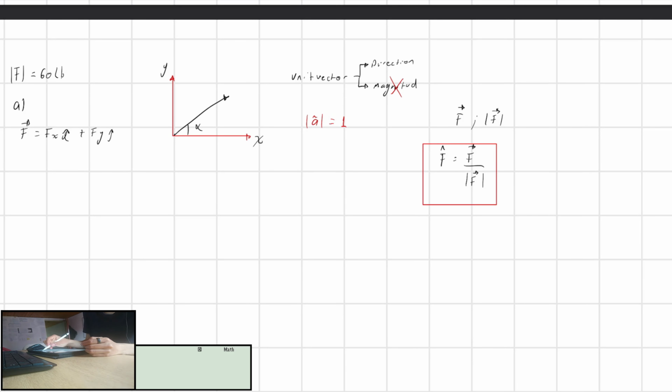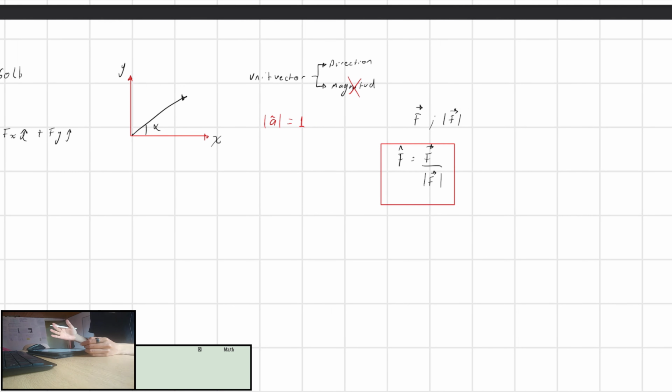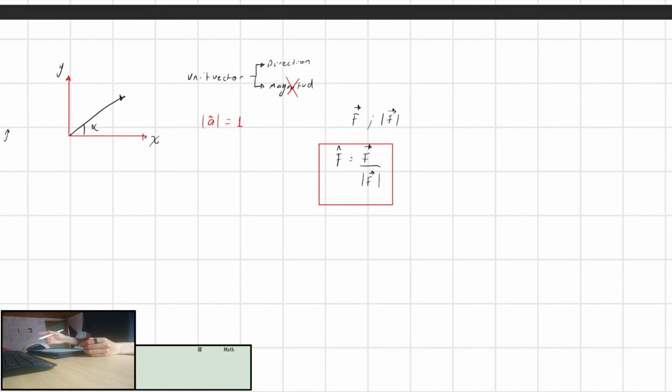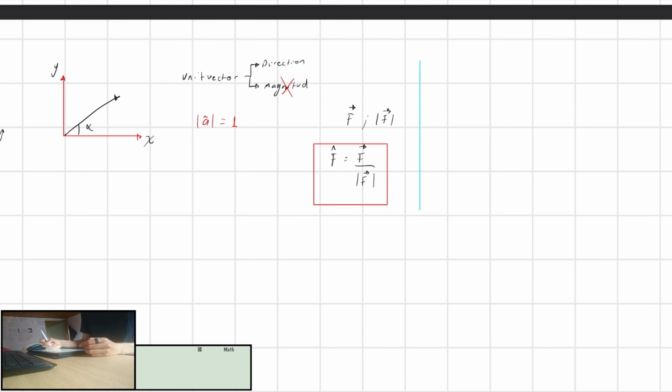The second way is by using the angle between the vector and the x-axis, in this case alpha. So the unit vector of f is going to be equal to the cosine of the angle alpha in the I direction, plus or minus, depending on the direction as always, the sine of the angle alpha in the j direction.